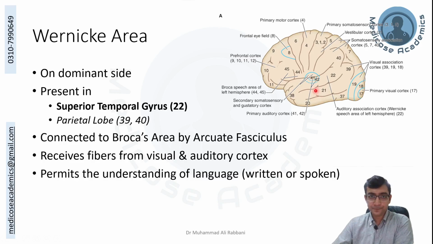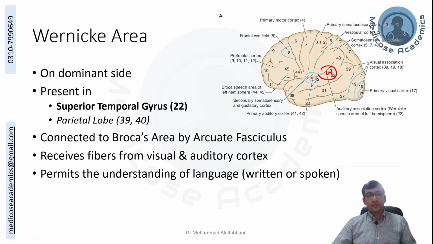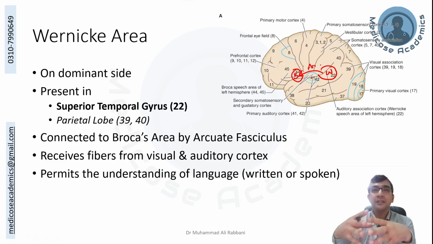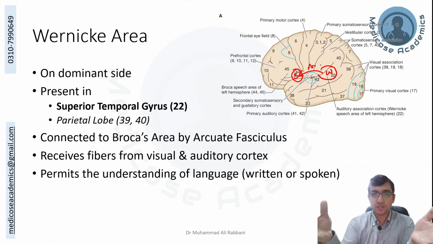Our next area is present in the auditory association area, present both in the parietal and the temporal lobes. Areas 39 and 40 of the parietal lobe and area 22 of the temporal lobe gyrus, and it has a connection to the Broca's area through the arcuate fasciculus, and it is the point where the language is processed.